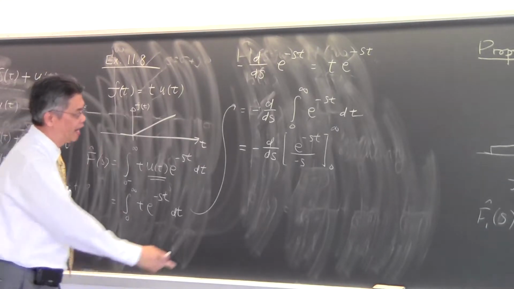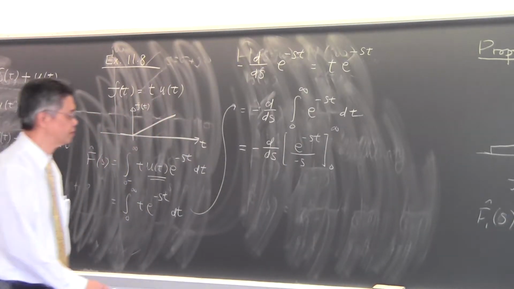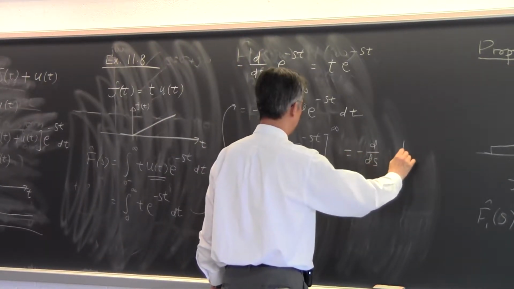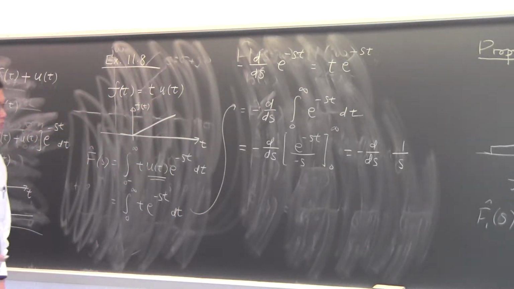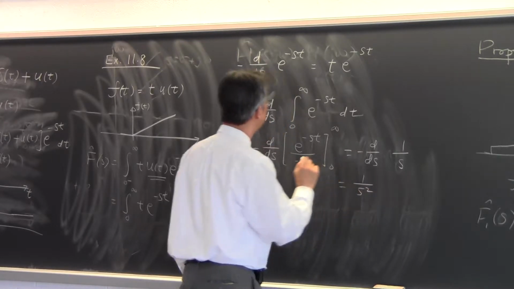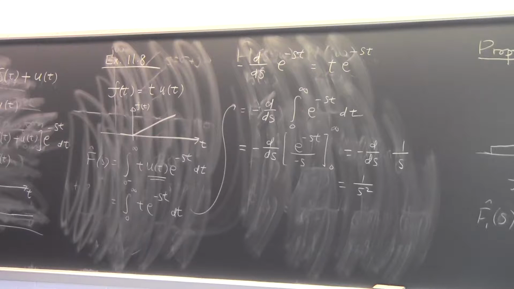And assume that I pick s so that the upper limit always vanishes. Okay? So I would have minus d/ds of 1 over s as my result. And then if I differentiate this, I get 1 over s squared. So the transform of this thing is just 1 over s squared. You can also obtain that using integration by parts.